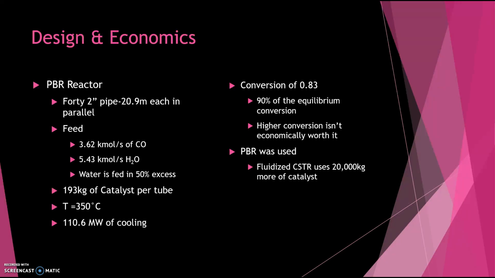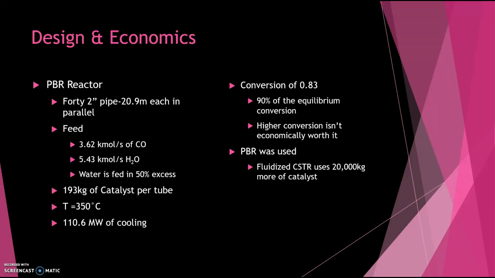We fed water in 50% excess due to water being a lot cheaper than the carbon monoxide, so economically it made sense to add excess water to get a better conversion for the carbon monoxide.